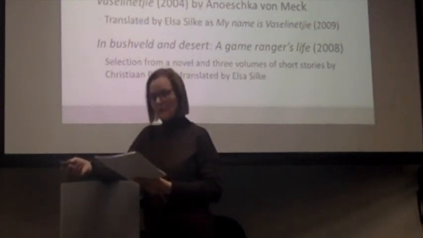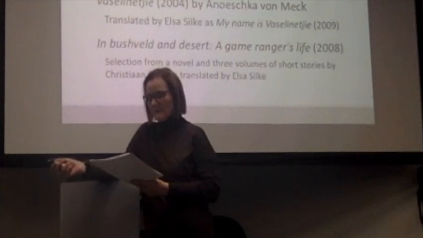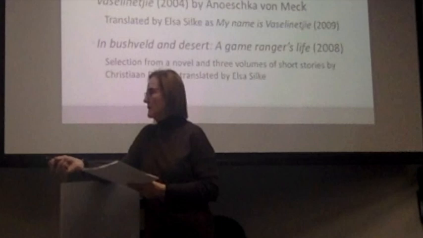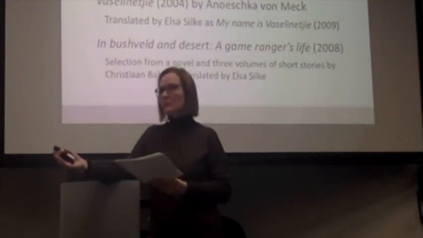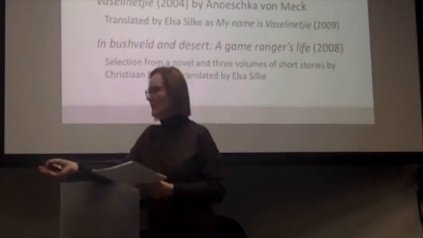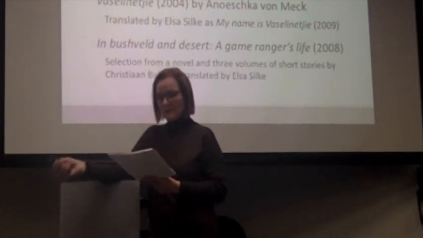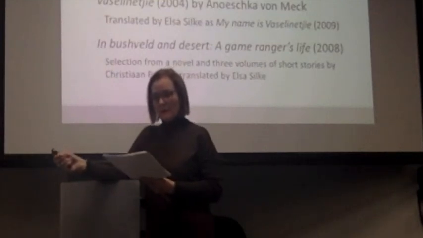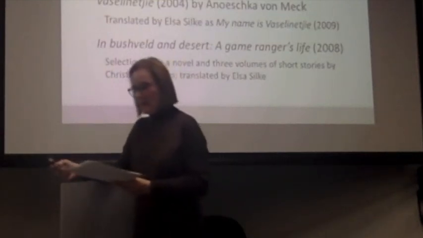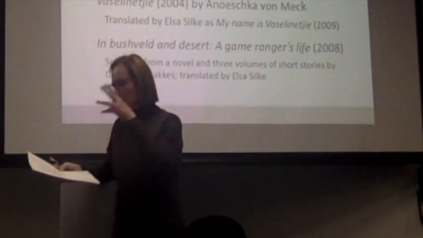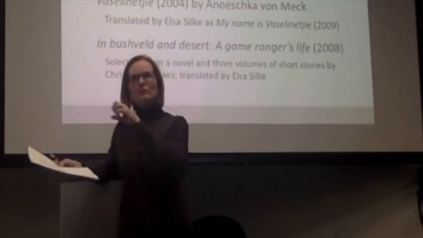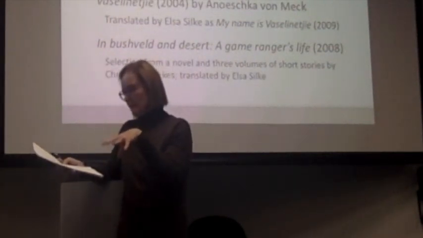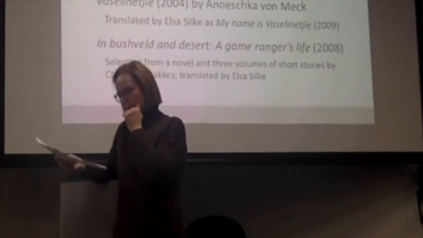The second book is Vaselinki, translated by Ilse Feinauer as My Name Is Vaselinki. That's a youth novel that's also been reworked as a film. In South Africa, it's widely translated into Dutch, German, Swedish, Italian. The third book, I don't give you the Afrikaans name since this is a compilation of various short stories, and this is where the compiler came into function, as a person.